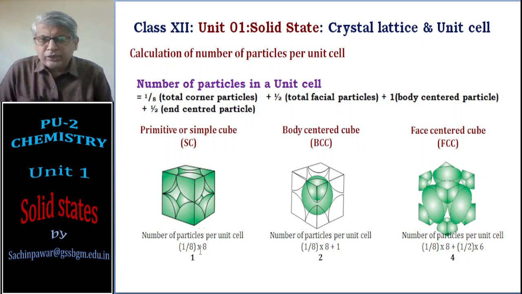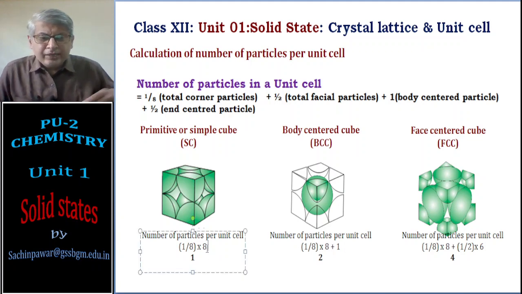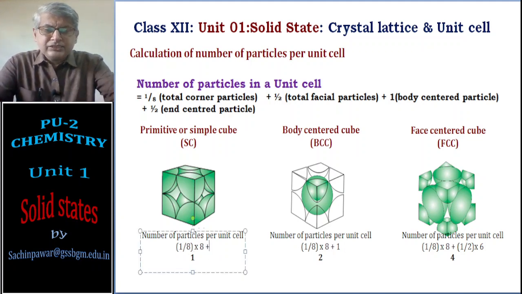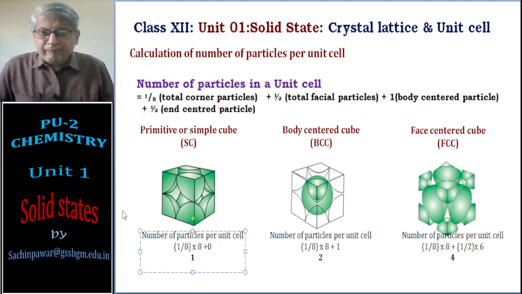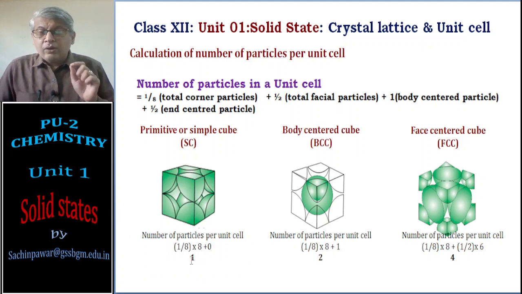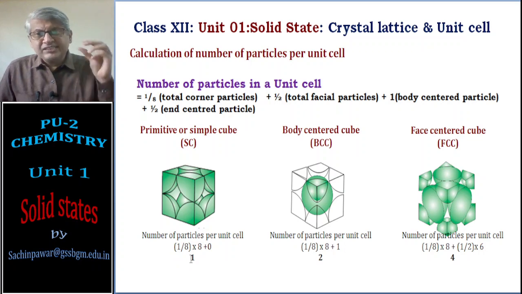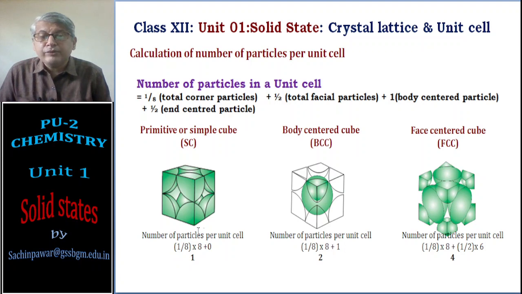Therefore it is 1/8 into 8 plus 0, that is making it 1. So if I join all the 8 particles together, only one particle will be completely present in that one primitive or simple cubic unit cell.